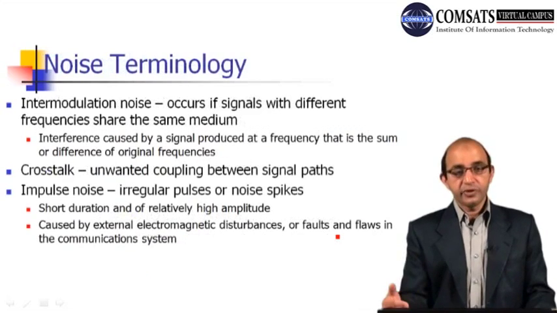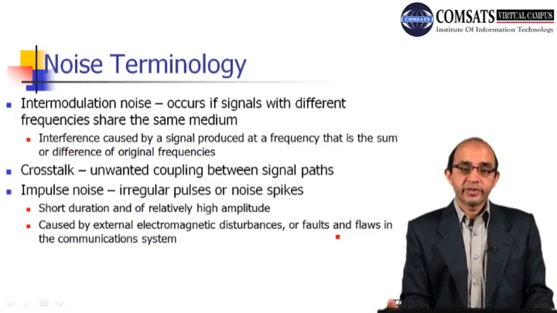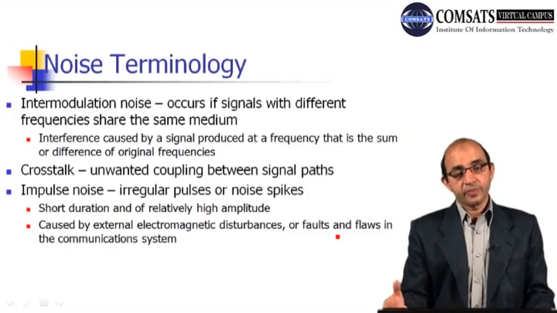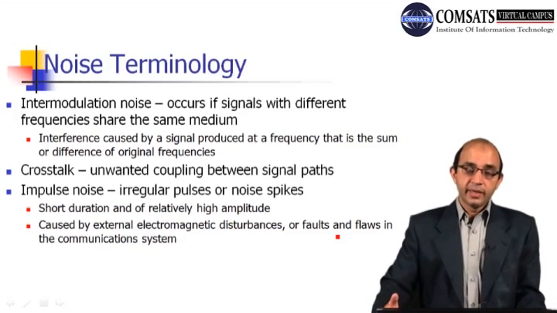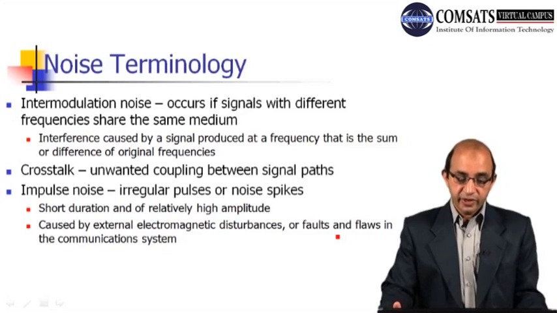Here we have to mention another type of noise, the intermodulation noise. If we talk about a signal, there are a lot of different frequencies present within a single signal. If signals with different frequencies share the same medium, different signals can be attenuated differently.